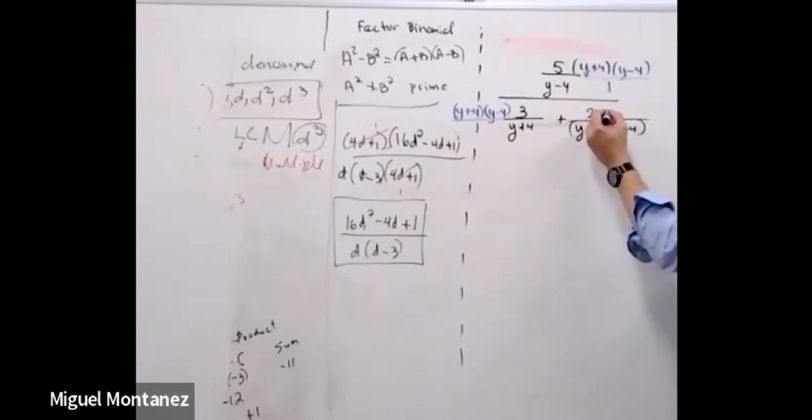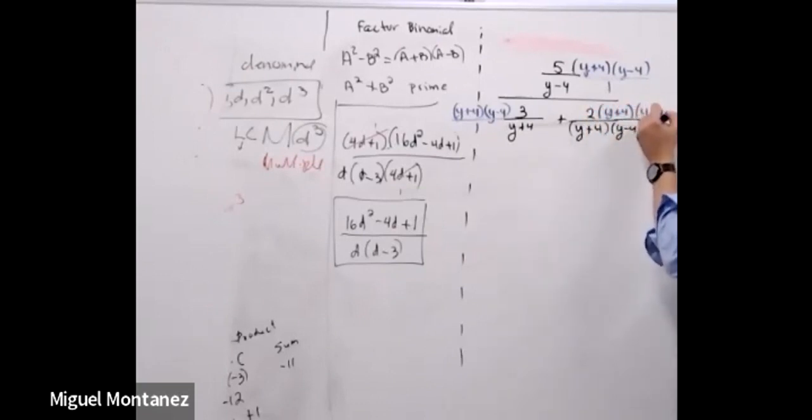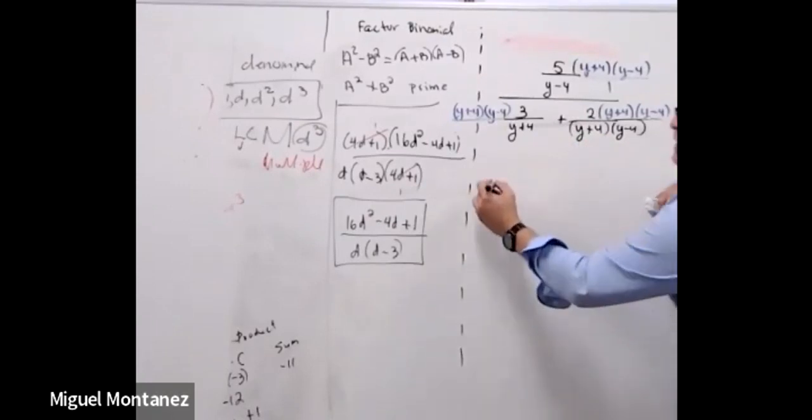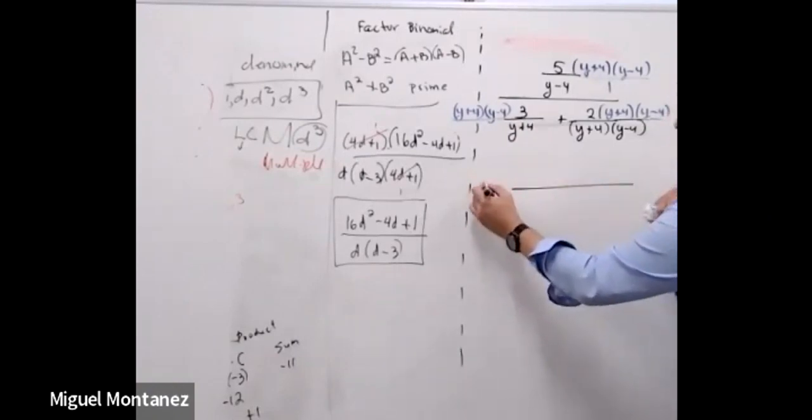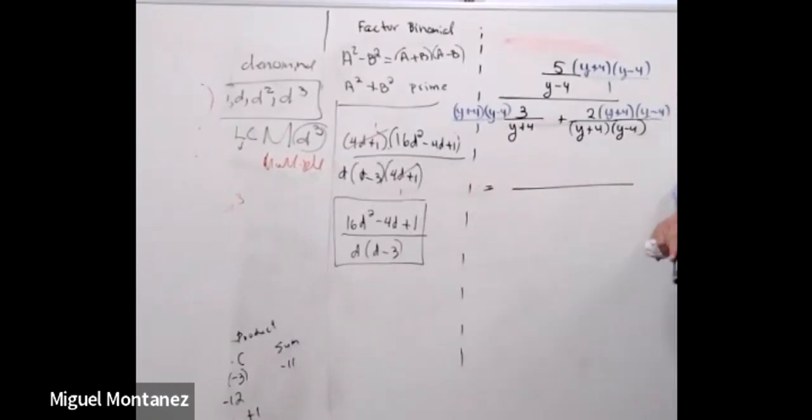Likewise here, y plus 4, y minus 4 goes over 1. If we multiply by the correct LCD, guaranteed the denominators will eliminate. So we'll go from a complex fraction to a simple fraction.